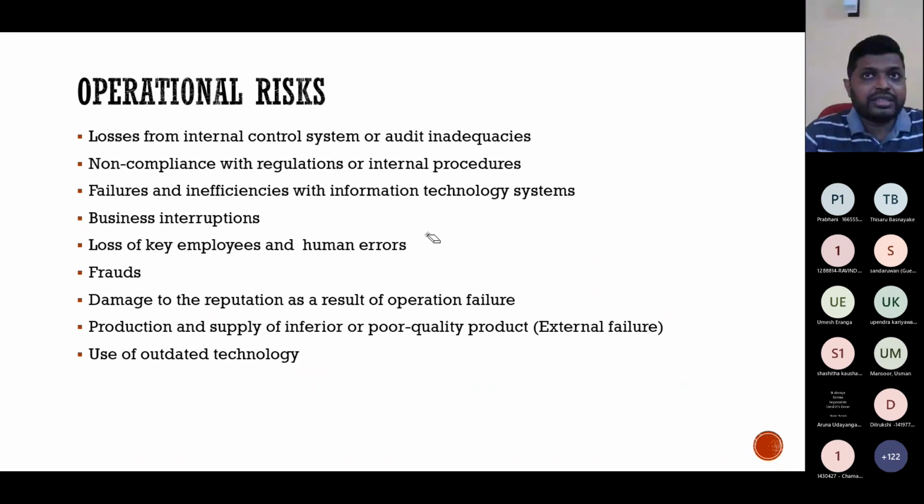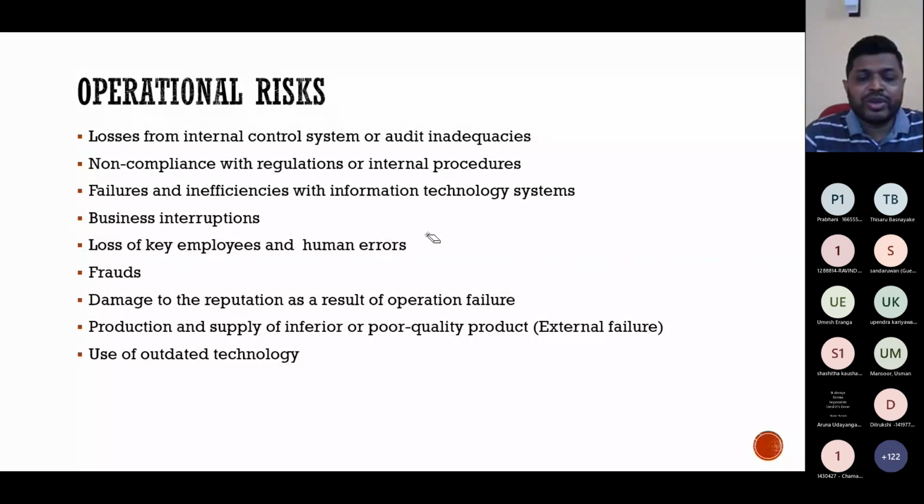Also there is a failure of internal control systems or inadequacies. Non-compliance with regulation and no internal procedures, I have seen somewhere else. You have to find it out. There are some non-compliances. In this scenario also, they have been provided. You have to investigate it and read them properly, then you will understand it.